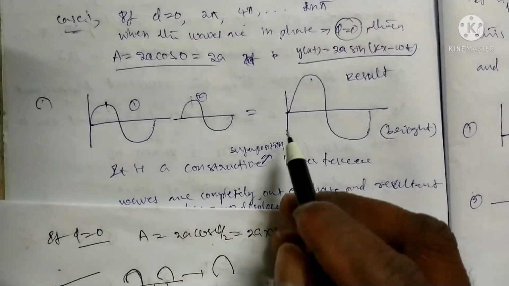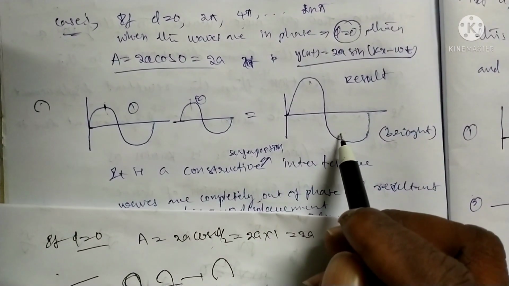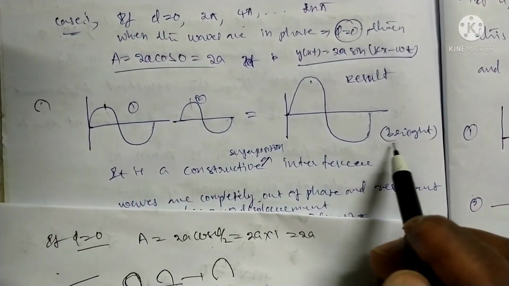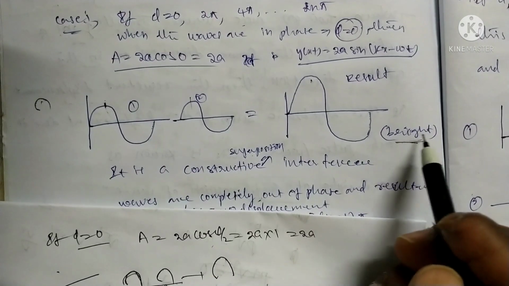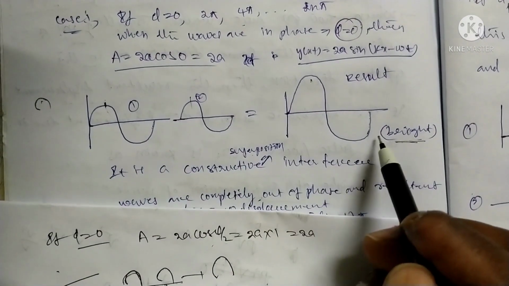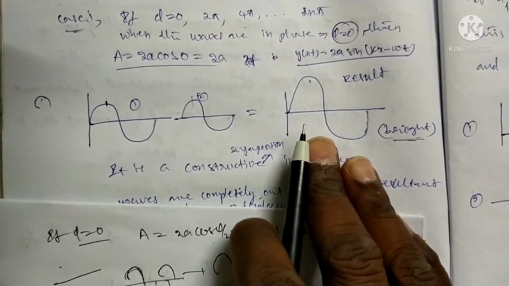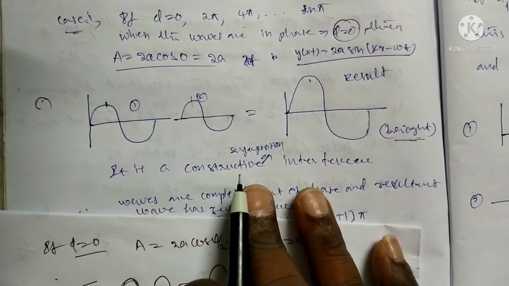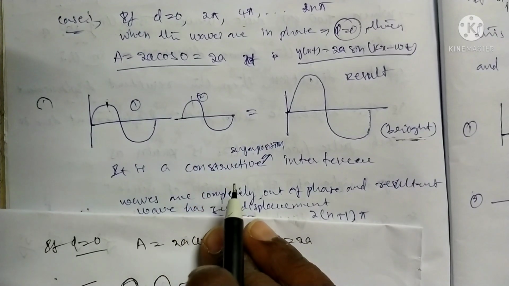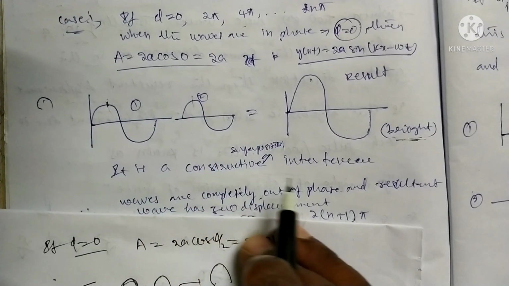Okay, the resultant displacement is like this. When will it appear? In the case of interference, we get the bright fringes. This is the condition for constructive superposition of interference.